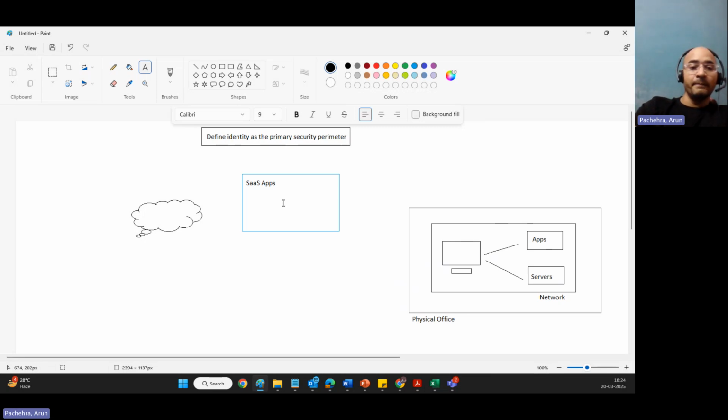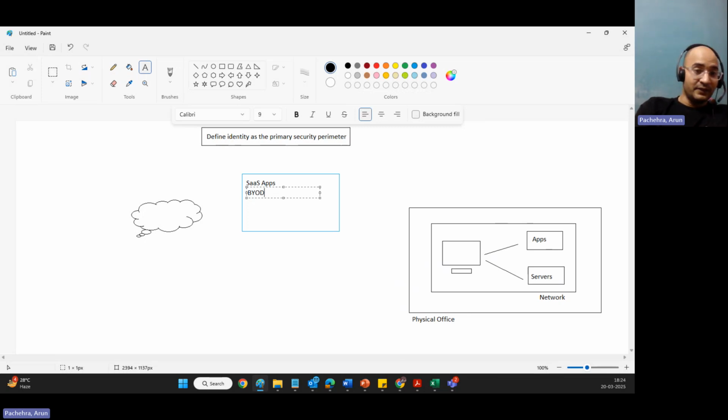So you understand, right? Now we also have the demand of using our own devices. It's not always huge organizations which give laptops or mobile phones to everyone. There are small organizations as well which allow you to use your own device to work.